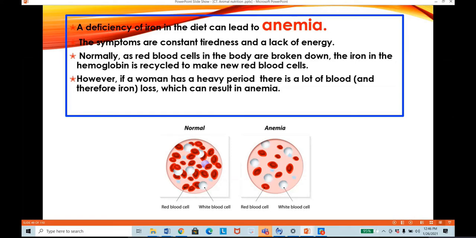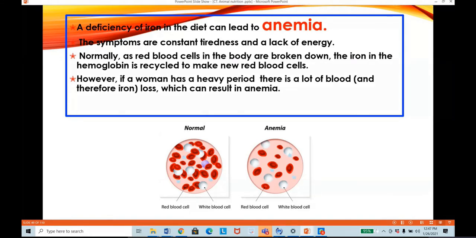So you can see how a normal blood count looks with the RBC and WBC. In an anemic blood count, the RBC are very, very less. Your hemoglobin should be 12 in a normal average girl or a woman aged from maybe 15 to 35. But if the hemoglobin count is less than 10, then you will be considered anemic.